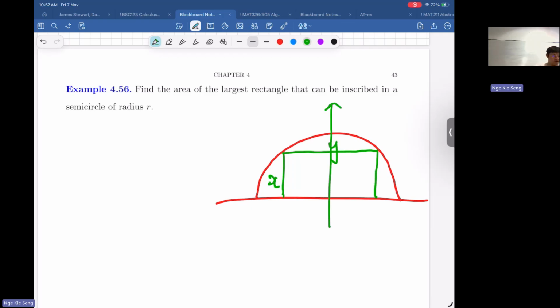Obviously your semicircle must have a radius, right? Okay, but how are they related? Any idea? Is it better if I call this y and then call this x, because this is horizontal?